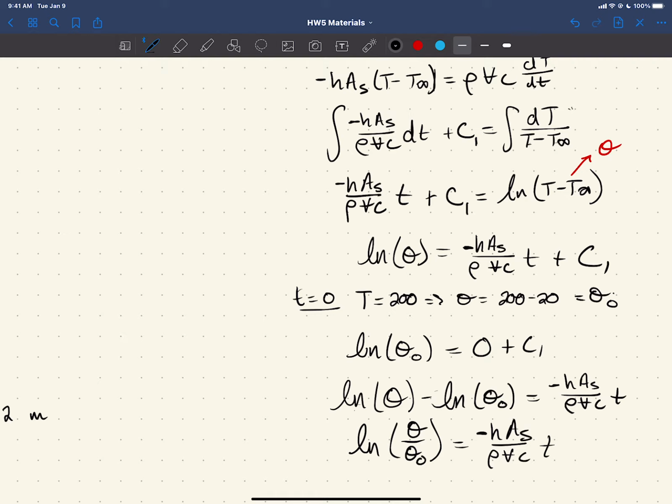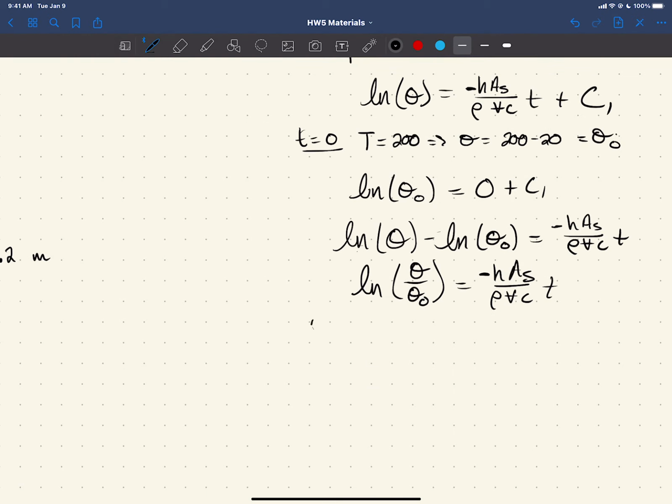And so then what you would do is you're given the temperature at a certain time, and so you'd say at t equal to 225 seconds, theta is equal to, now what's the temperature that we're given? So theta would be 100 minus 20, so it's 80, and you have our theta naught from before. So we know all these other things because we're either given them or we can calculate them based on the geometry.